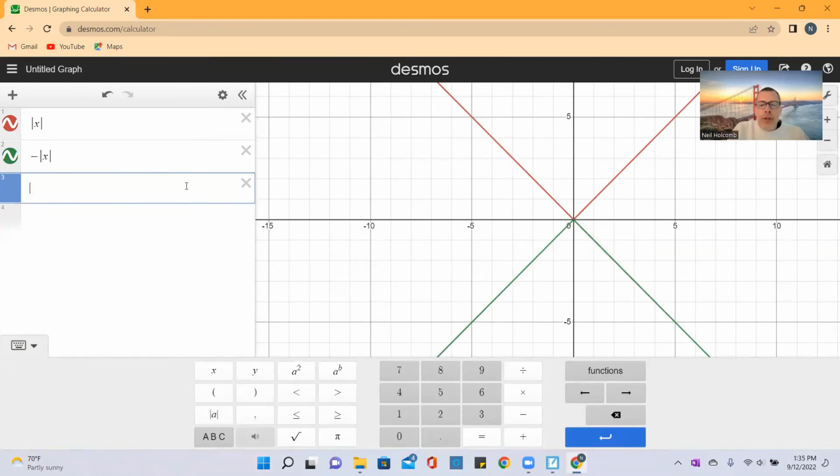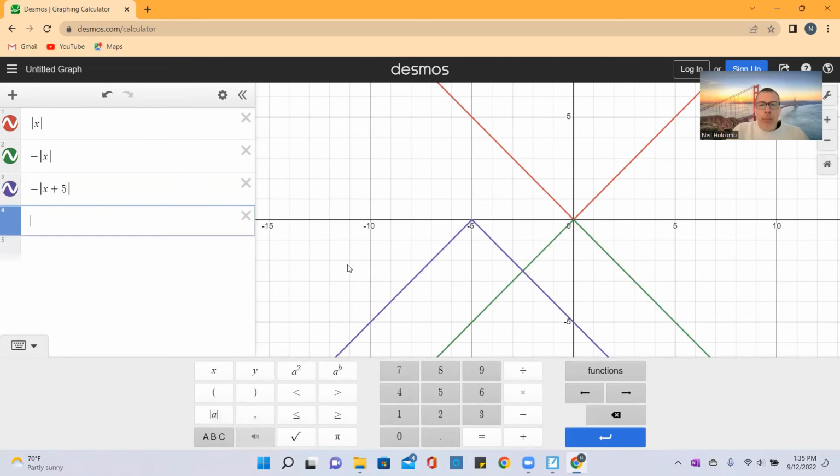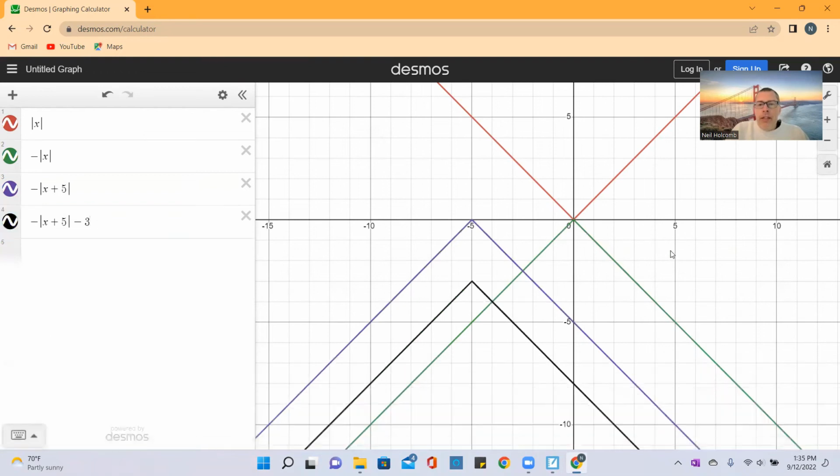Now I'm going to continue. I'm going to say negative absolute value of x plus 5, and just do that component. So after reflecting it, so this is a reflection and a shift left, and then finally negative absolute value of x plus 5, and then outside minus 3 is the black one.